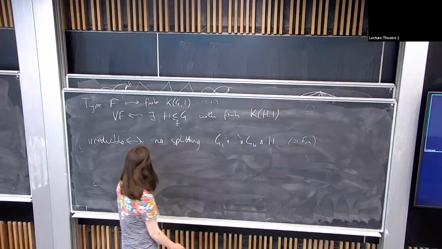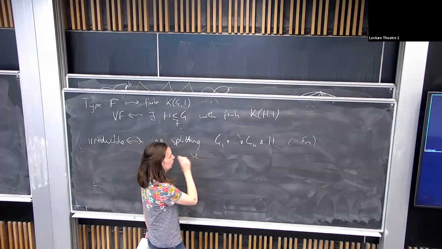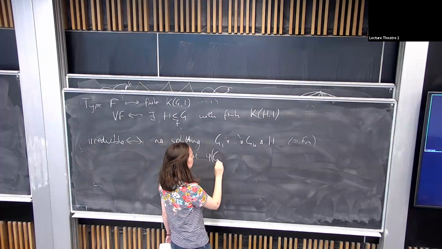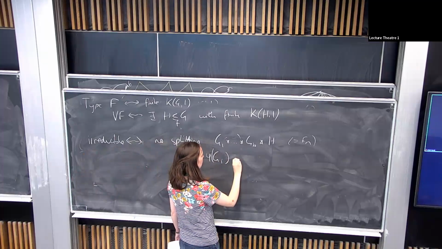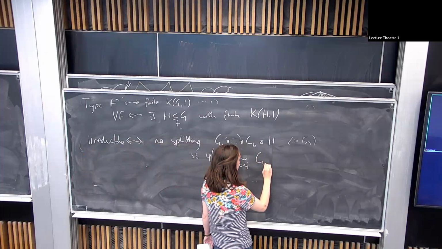So I'm carrying around an automorphism such that phi of G_I is conjugate to G_J.